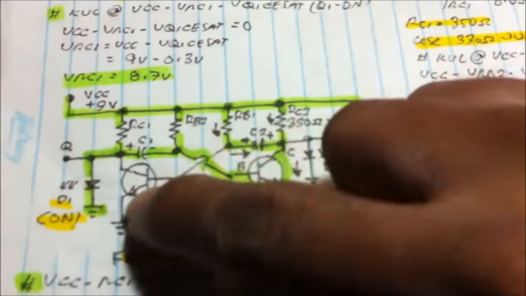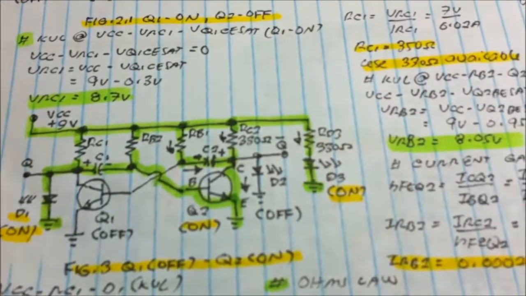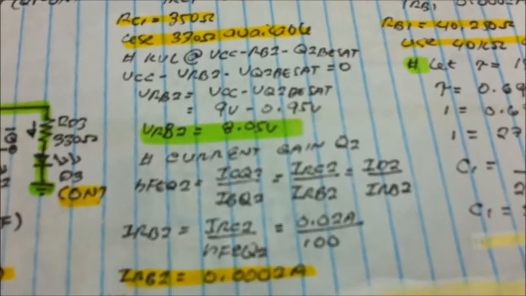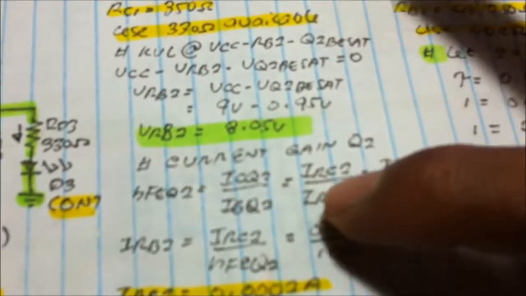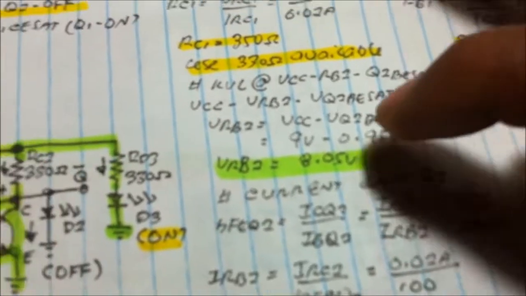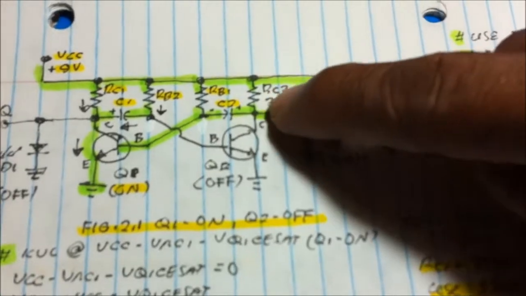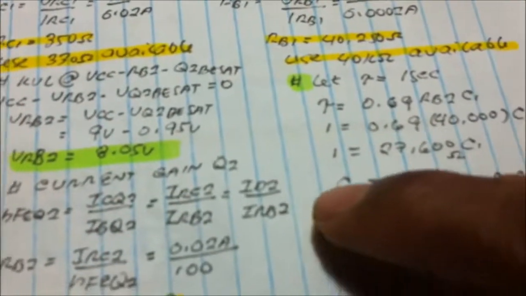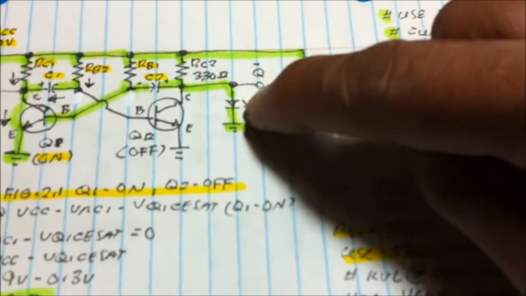Now in this type of configuration, the transistor is dependent on the current gain. We get a current gain formula for Q2. ICQ2 is also equal to the current at IRC2, so the current here is also ICQ2 and also equal to the current at D2.